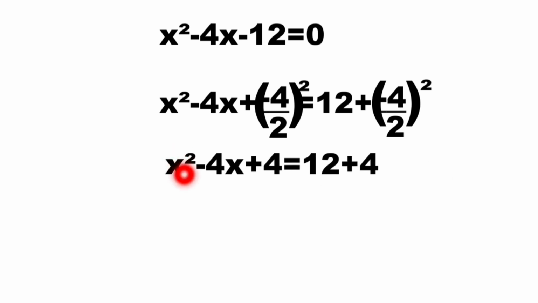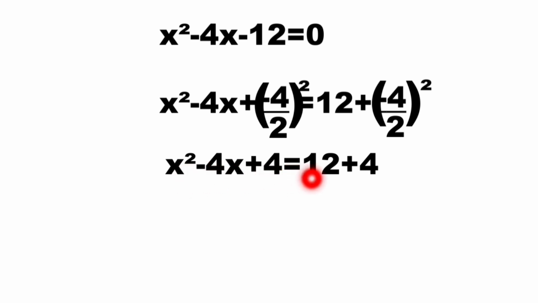So we have x squared minus 4x plus 4 equals 12 plus 4. So we now have a perfect square trinomial on the left side of the equation.